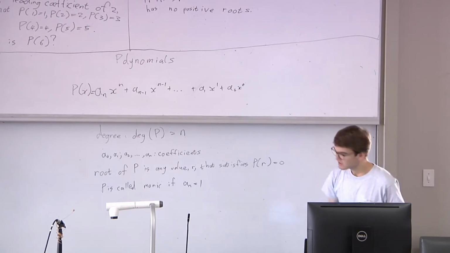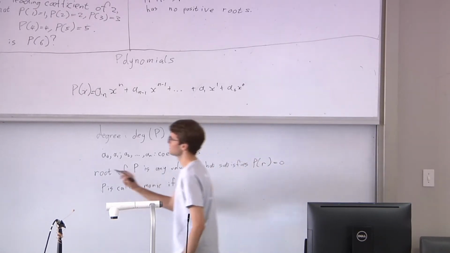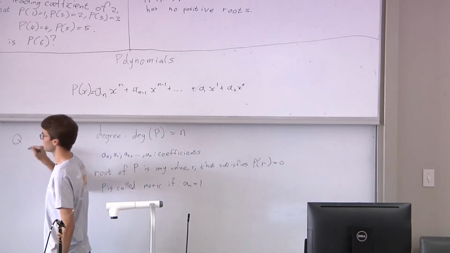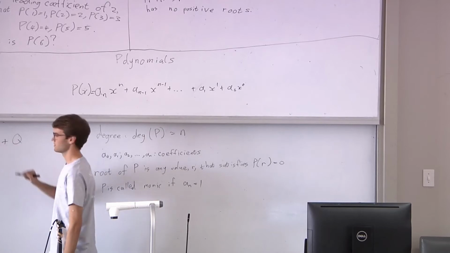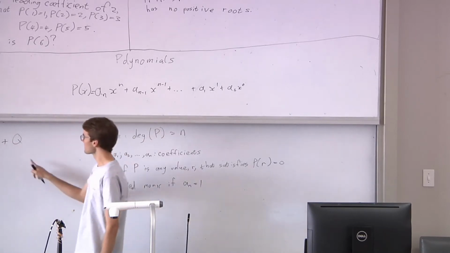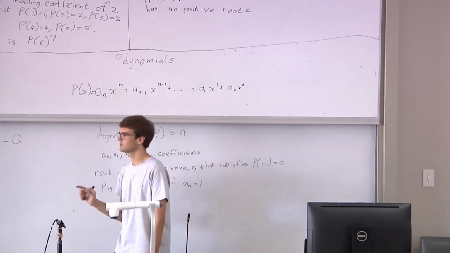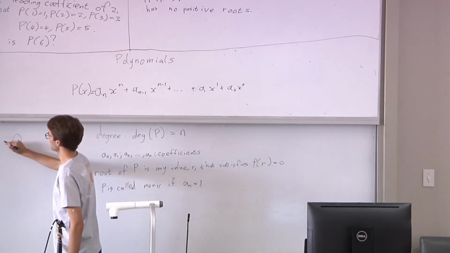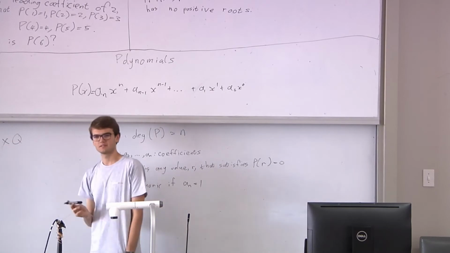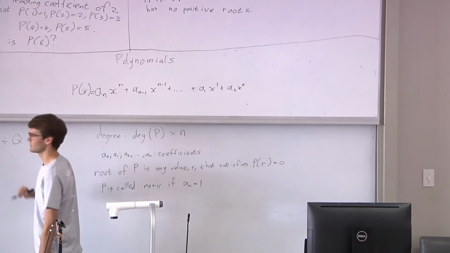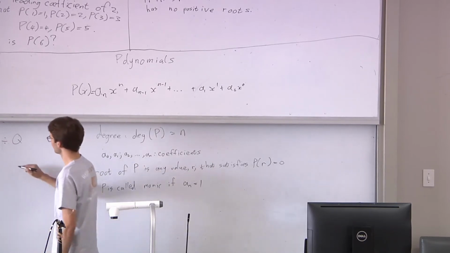Okay. So if you have two polynomials p and q, then p plus q is also a polynomial. p minus q is also a polynomial. p times q is also a polynomial. And p divided by q is not necessarily a polynomial.